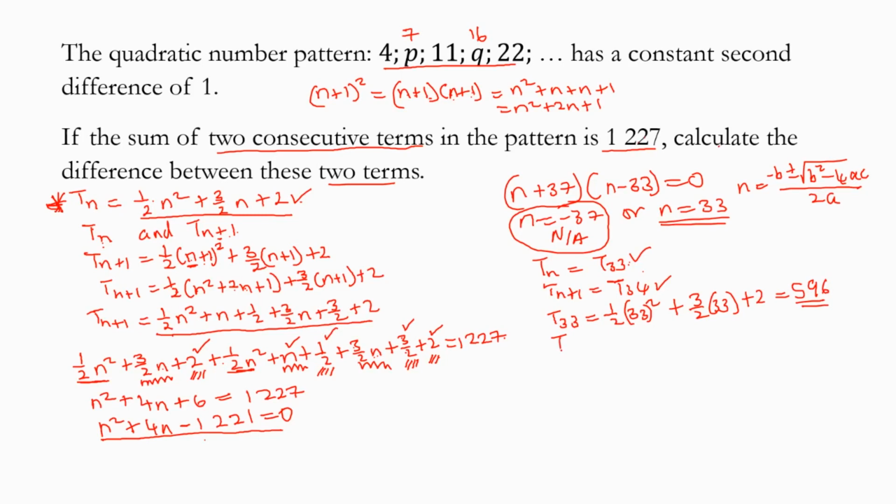Then you find your T34, which is half times 34 squared plus 3 over 2 times 34 plus 2, which is 631 if you put it in the calculator. Now T34 minus T33 is equal to 631 minus 596. So the difference between these two terms is 35.